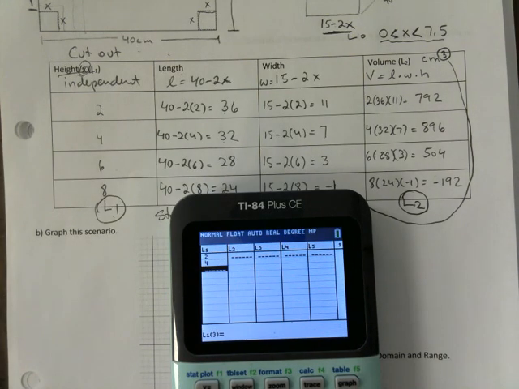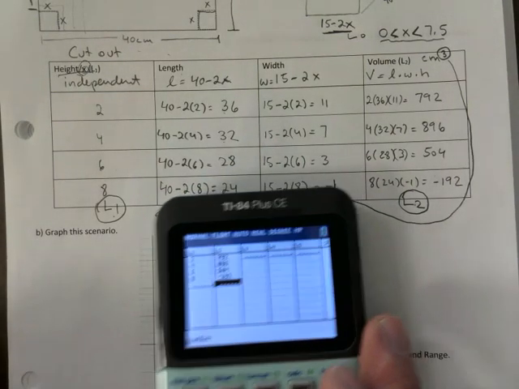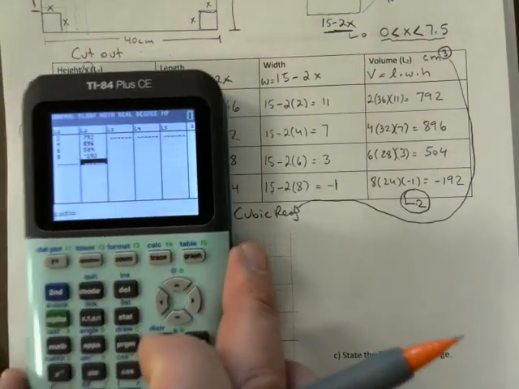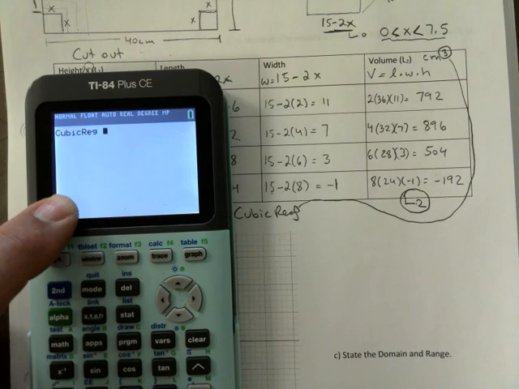So 2, 4, 6, 8, and then 792, 896, 504, negative 192, and then we go stat, calc, cubic regression.